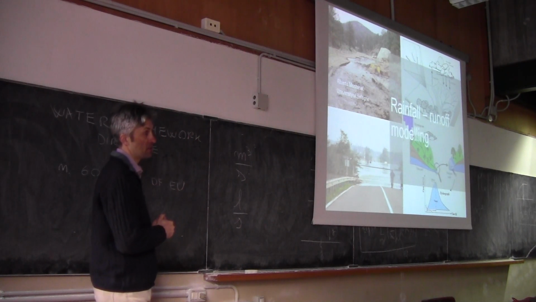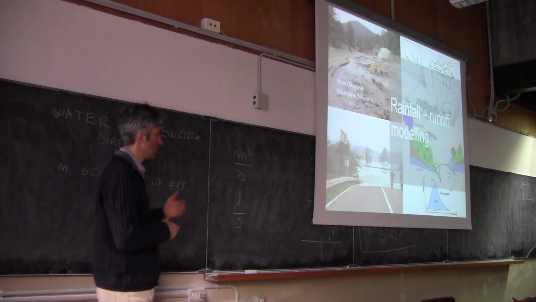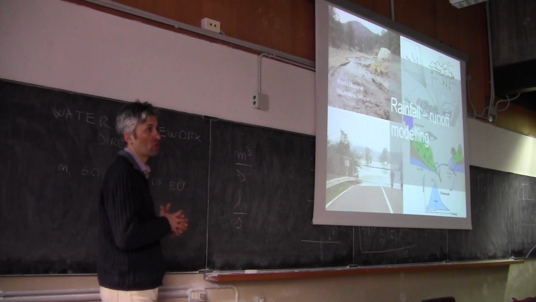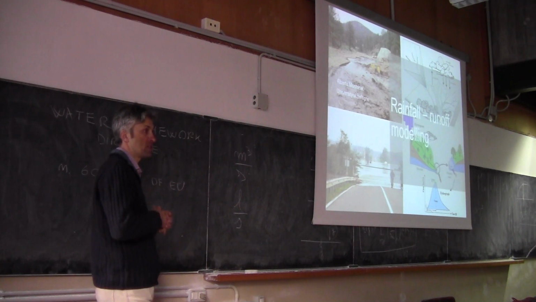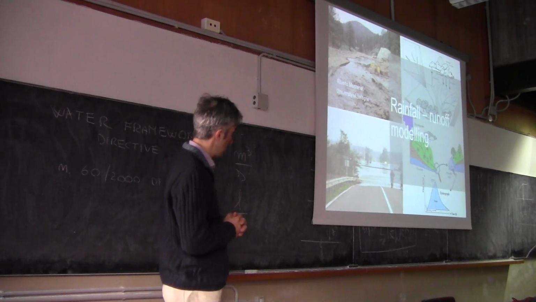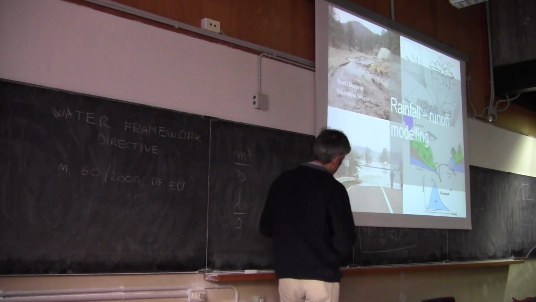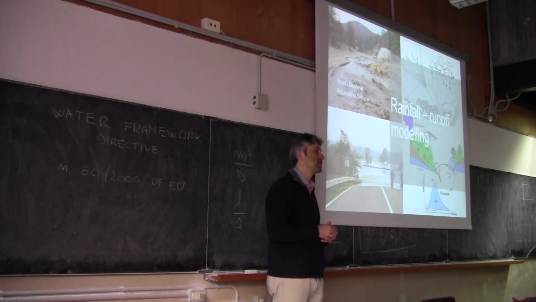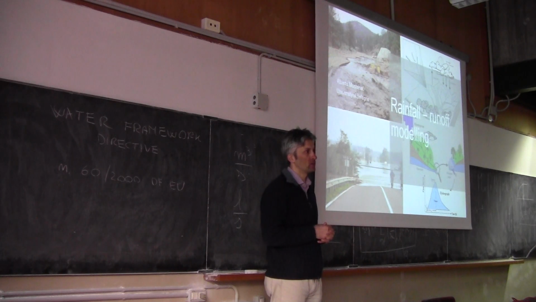It's an expensive activity, and also a continuous check of the measuring devices and the measuring techniques is needed. And therefore only in a few cross-river sections we can rely on river flow data.